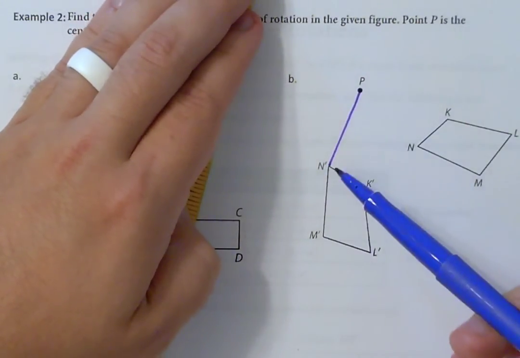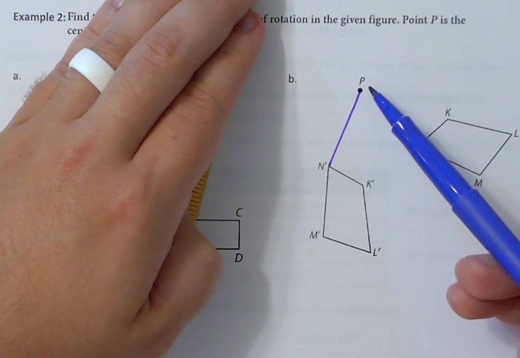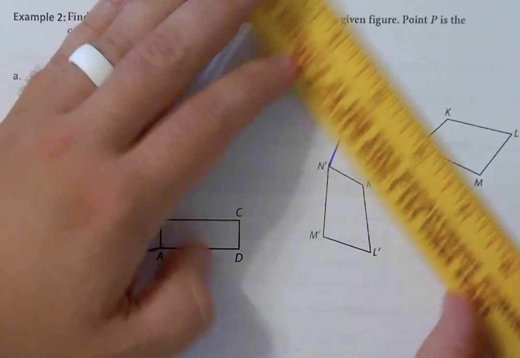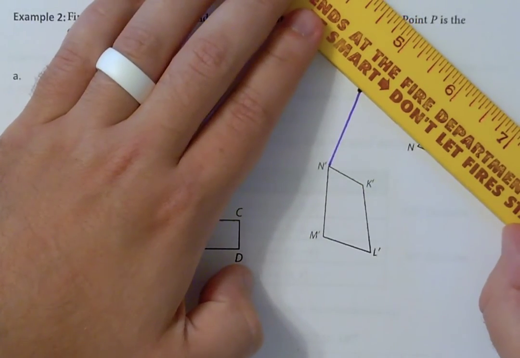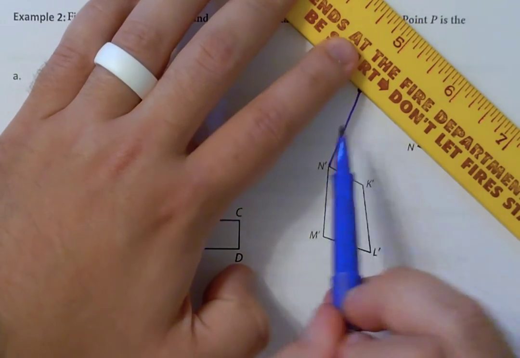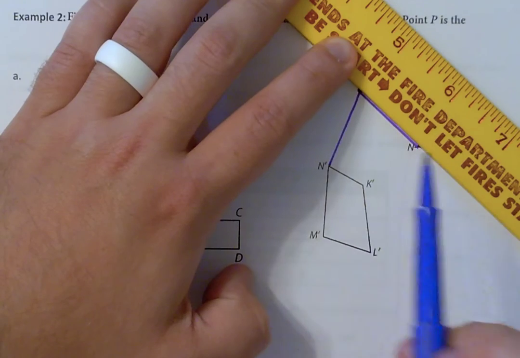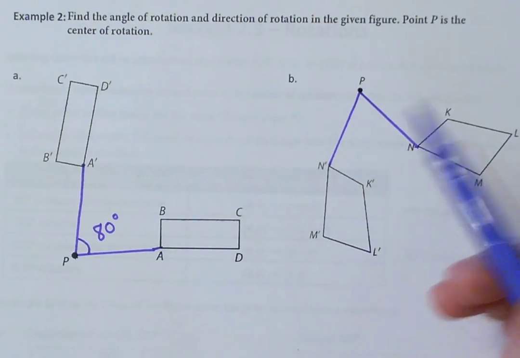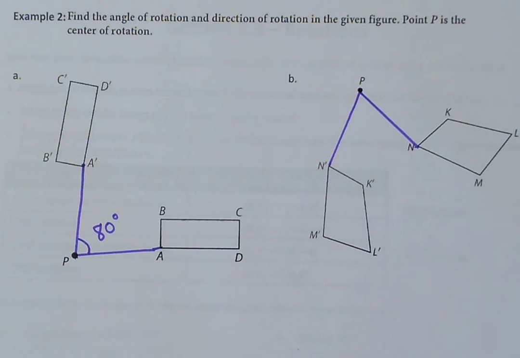So I draw a line from N prime to point P, and then I'm going to draw a line from N to P. Just like that. Then you have your angle. All you have to do is take a protractor and measure it. So that is how you go through and find the angle of rotation.